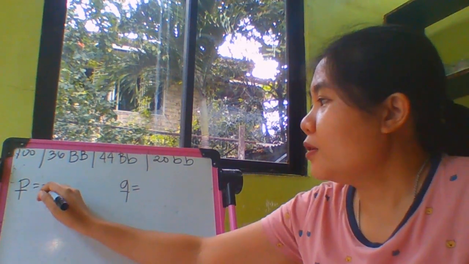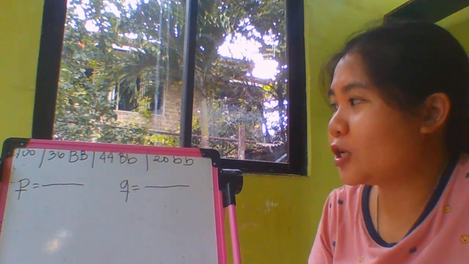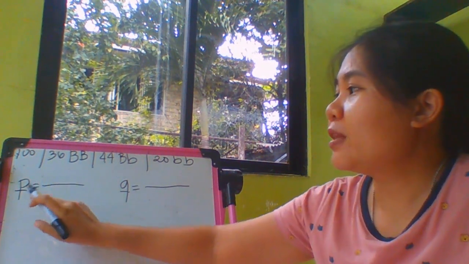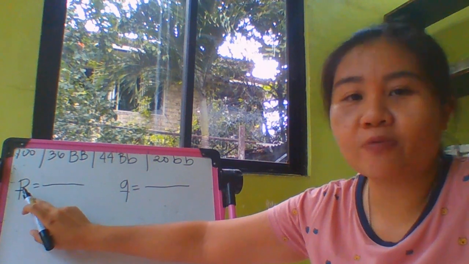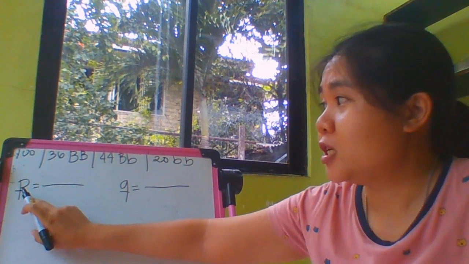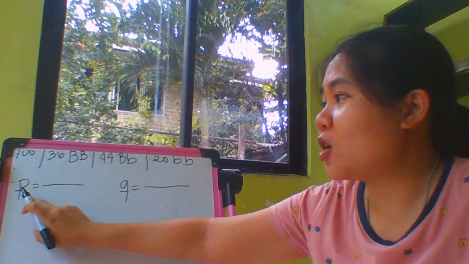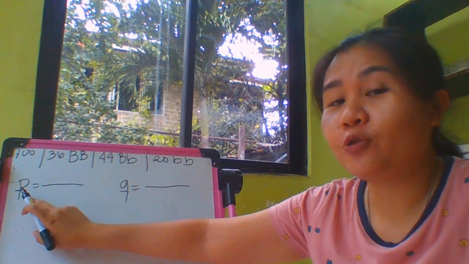So with letter p, because letter p represents the dominant trait or the dominant gene, you will be counting how many genes are there that happen to be dominant.